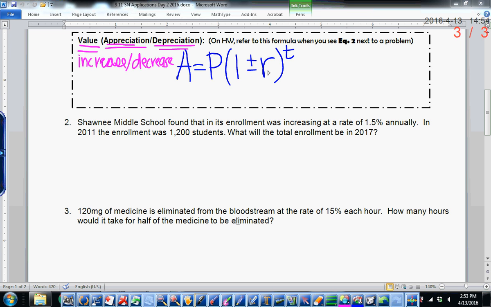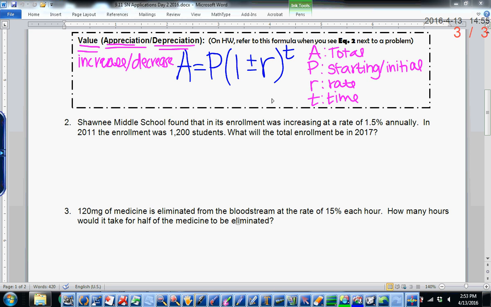A, P, R, and T are pretty much the same thing that they were in our interest formula. A is the total or the final amount. P is our starting amount or initial. R is the rate of appreciation or depreciation. And T is our time.